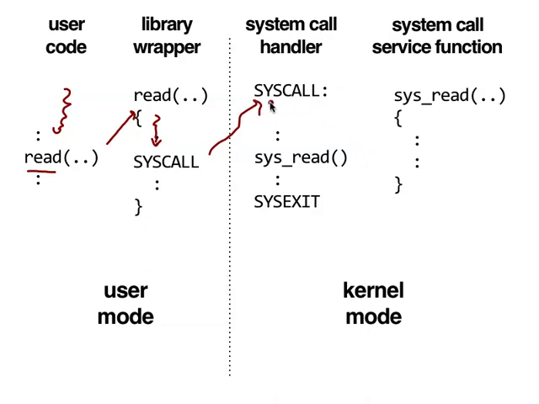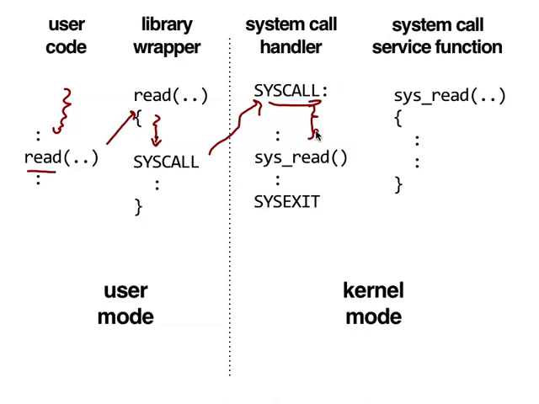Now this is the setup routine, right? So you do all your setup here, and the things that you do in the call setup include, for example, switching to the kernel mode. Right? You change the bit in the CPU register to indicate that you are now in the kernel mode.